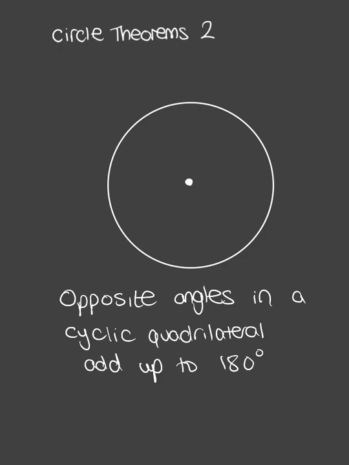So it's basically any quadrilateral you can draw where all the corners are on the circumference of the circle. In this one, the center doesn't matter. It doesn't make any difference where the center is.